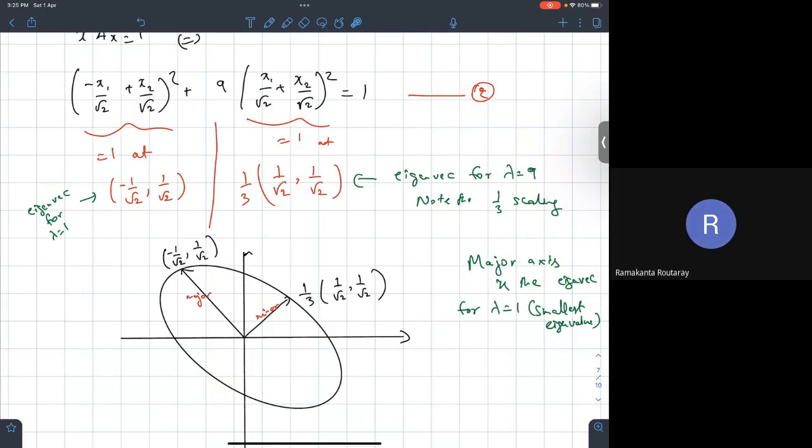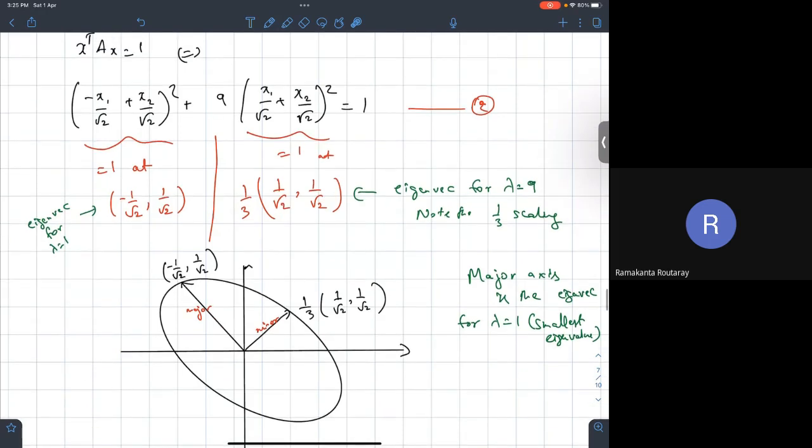Sir, around the z axis, when you rotate this, then that value becomes 1 by 3 root 2, right? Sorry, what? The point is, this becomes smaller, 1 by 3. You have to do this 1 by 3 because there's a 9 multiplying here.